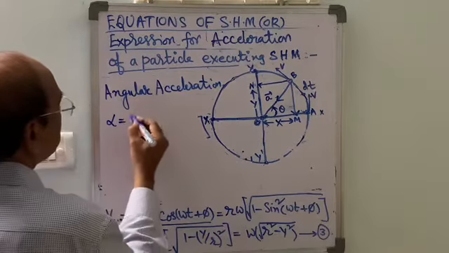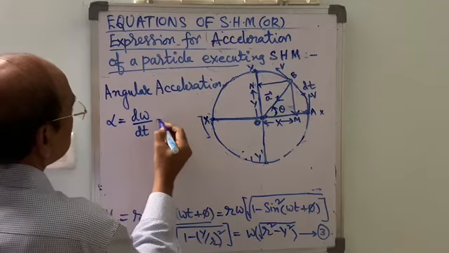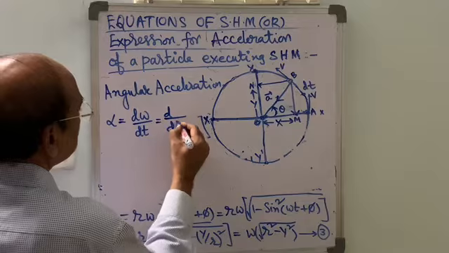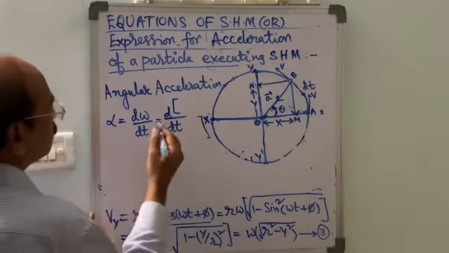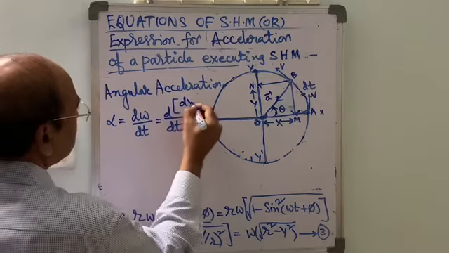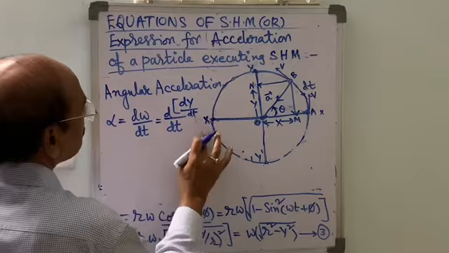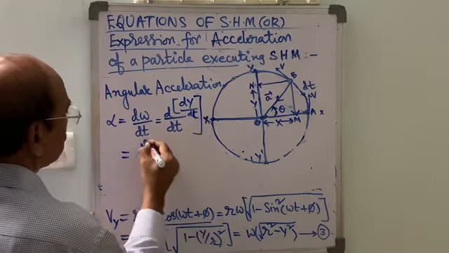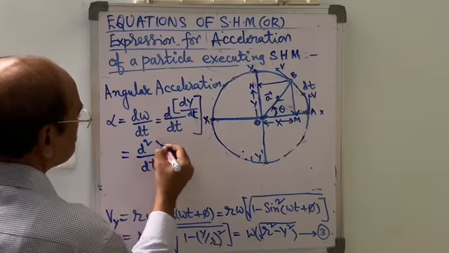Alpha is obtained by rate of change of angular velocity, or d by dt of y. Omega means dy by dt. Therefore, d square by dt square into y.